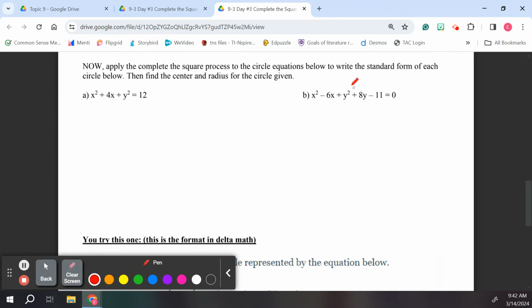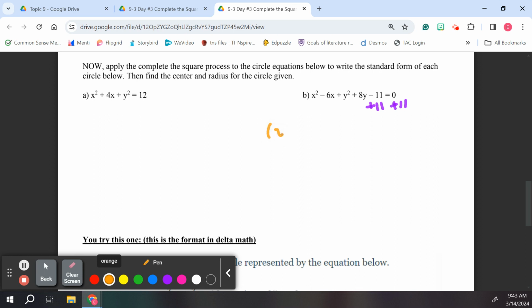All right, now this one, remember, if they're kind of out of order, make sure you put them in order, okay? So I don't have anything to really add here except the fact that I am going to add this 11 to both sides. One thing you do not want are any of the constants, okay? You want to get all the constant on one side and then all the variables on the other. Now I'm going to group them up.